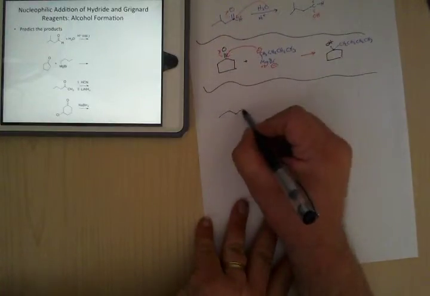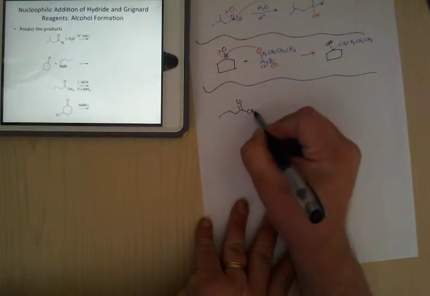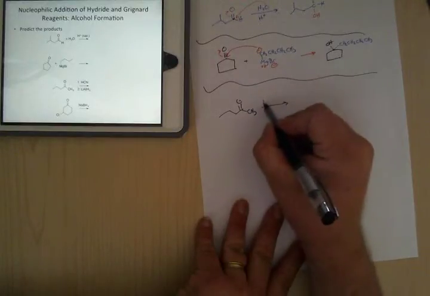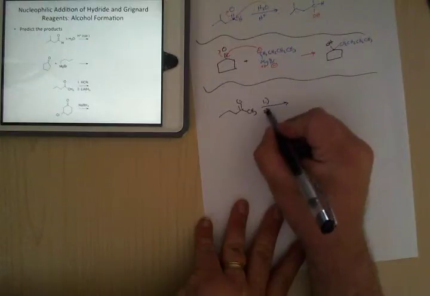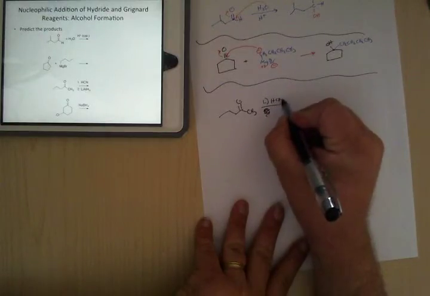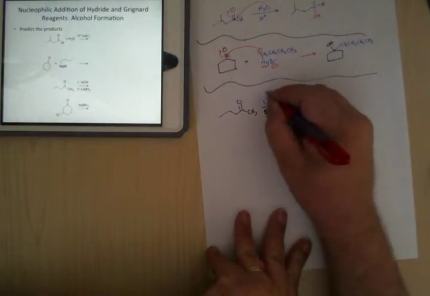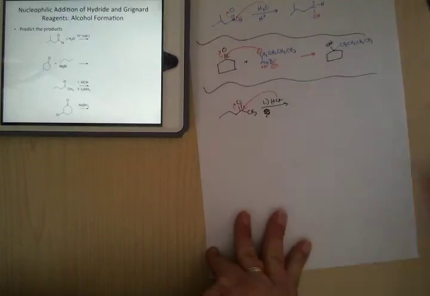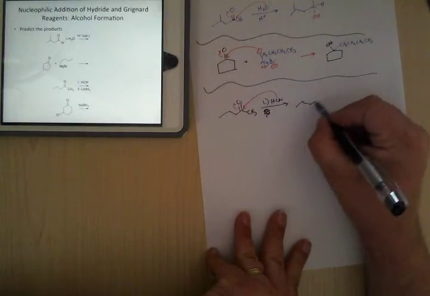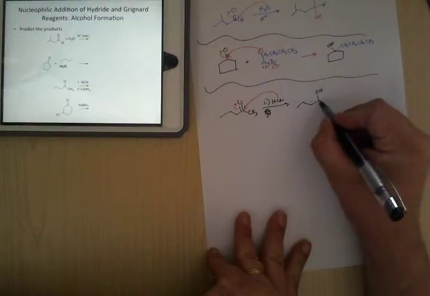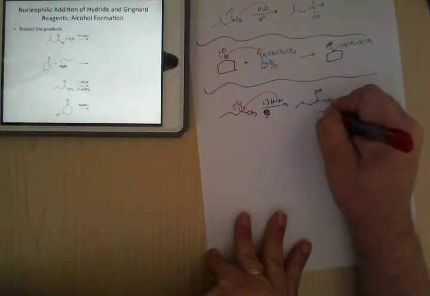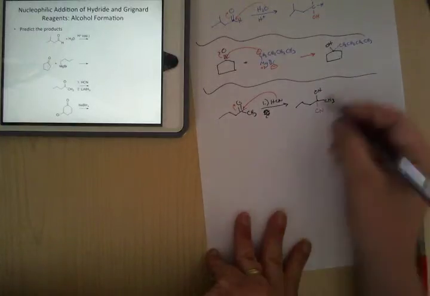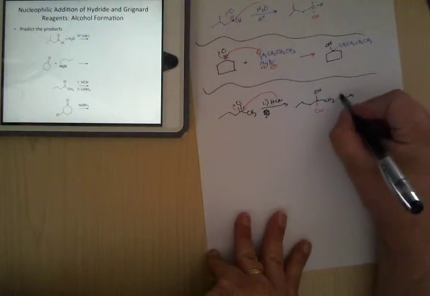Okay, so we have CH3. Now this is actually a two-parter. So I'm going to do the first part, HCN. Again, the CN is going to attack there, kick this up, OH, CH3, plus what attacked it. Now the second part is this lithium aluminum hydride.